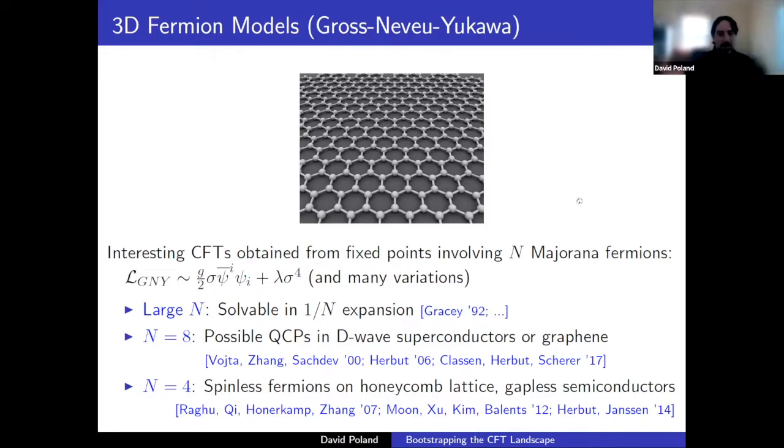Now, I should also stress that there are lots of different variations on these models. So there are variations involving multiple scalar fields, and variations involving fermions with different kinds of couplings to the scalars.